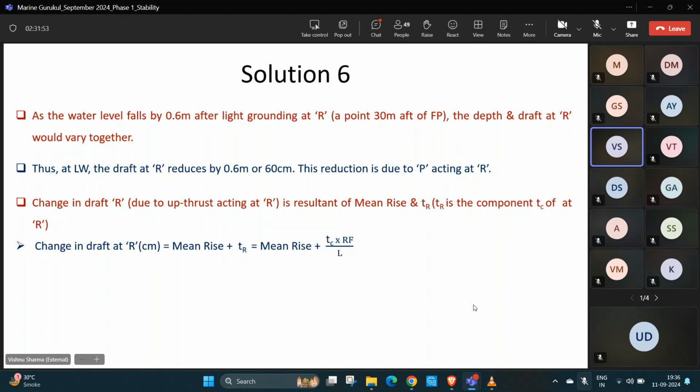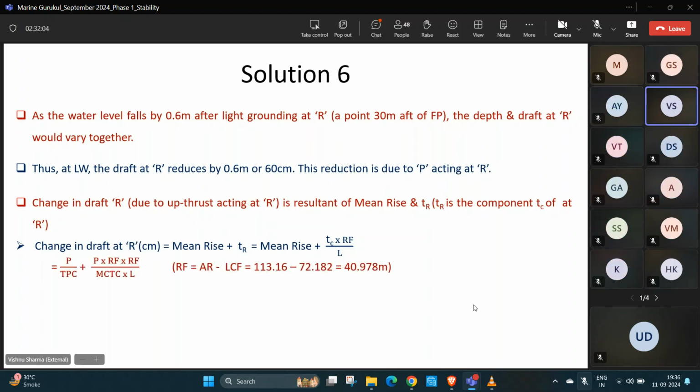I have already explained this in hand. It is mean rise plus TC into RF upon L. From the line diagram we did it. And then the trim change can be replaced by P into RF upon MCTC. This is the trim change, beta. Once we put the values, RF is AR minus LCF, which is so much.